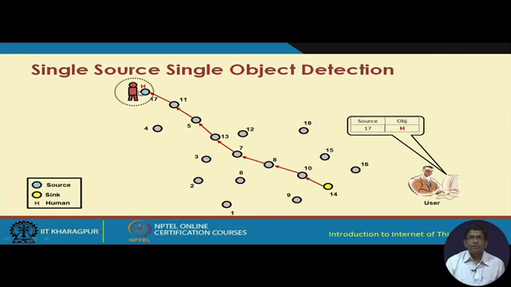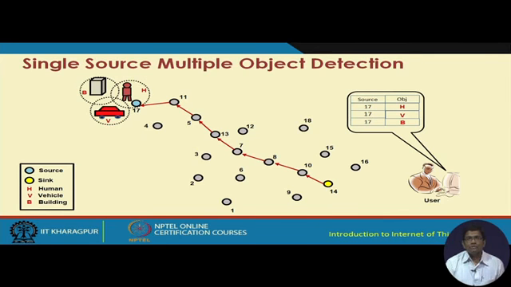These arrows are shown in the other direction to signify that from the sink a query can be sent to all the nodes, to see whether any of them has observed any object around them. That is the whole purpose of showing it in that other direction.